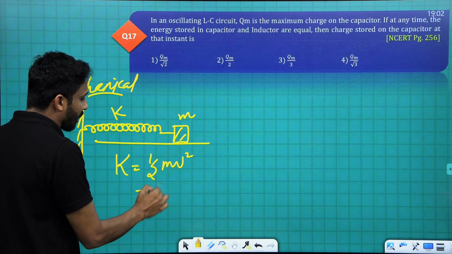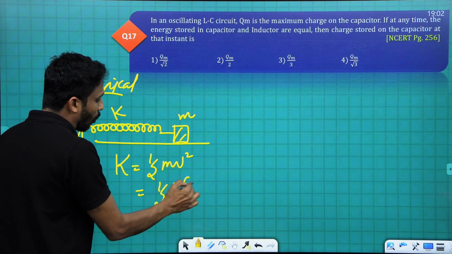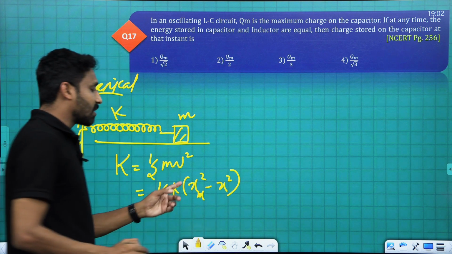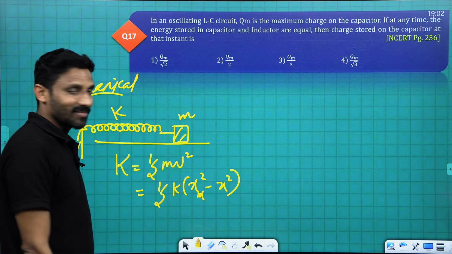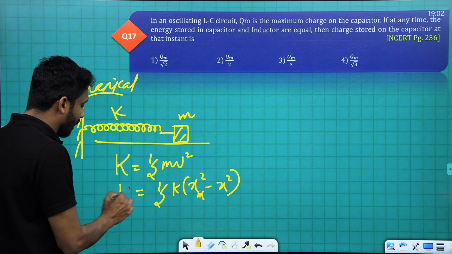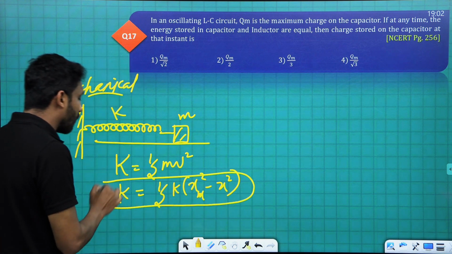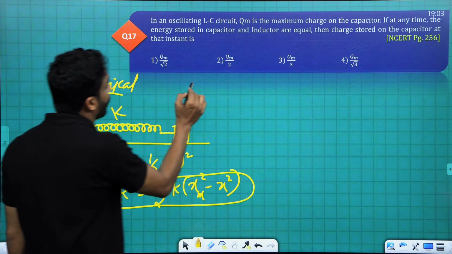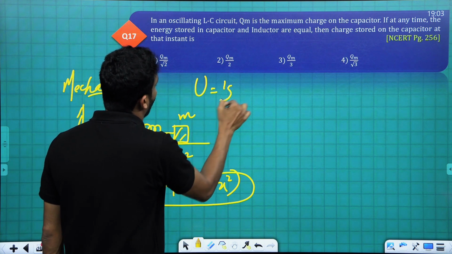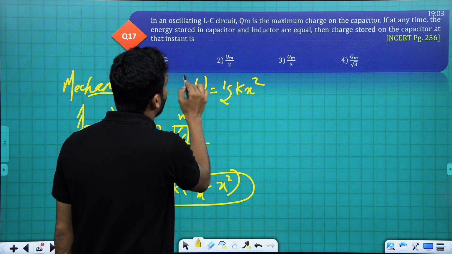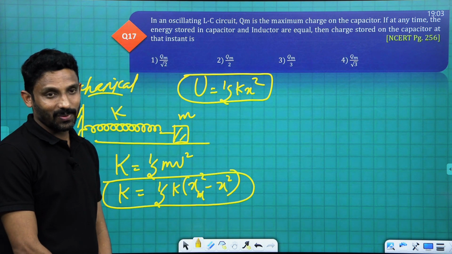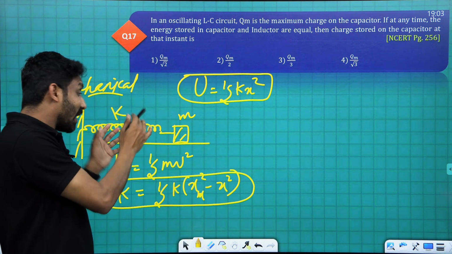It can be written as half K into xm square minus x square, where xm is the amplitude. And the potential energy of the block is U equal to half K x square. This is just mechanical oscillation.